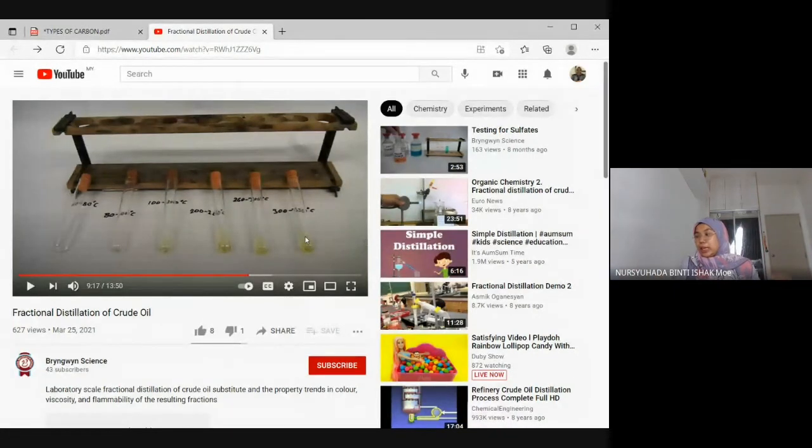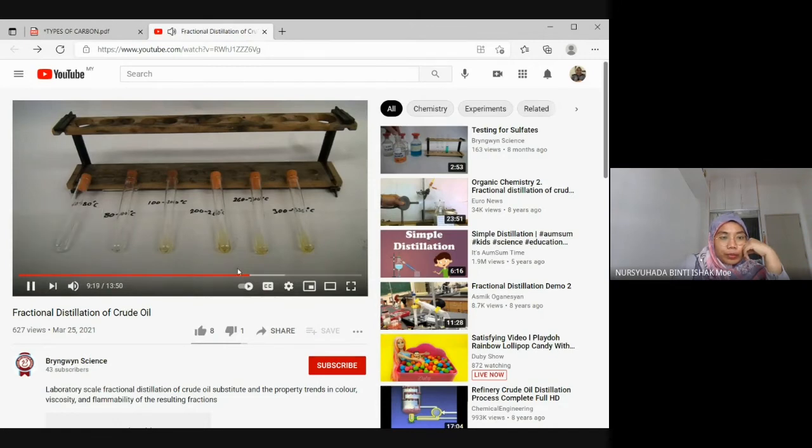Macam mana change color dia? For the first and the second test tube, warna dia adalah colorless kan? Betul. Lama-lama daripada light yellow until yellow. So kamu nampak warna dia bertambah daripada colorless to yellow. Okay, continue.